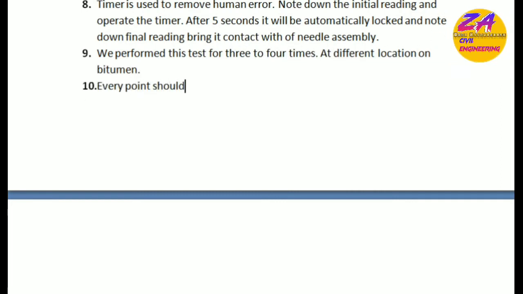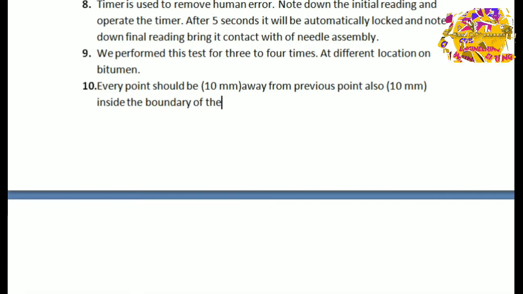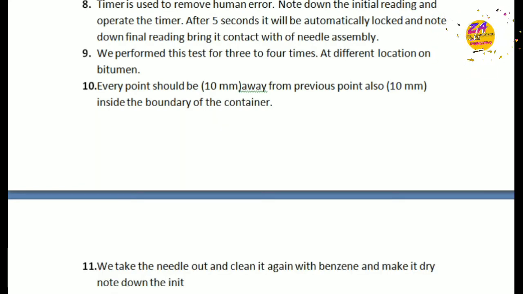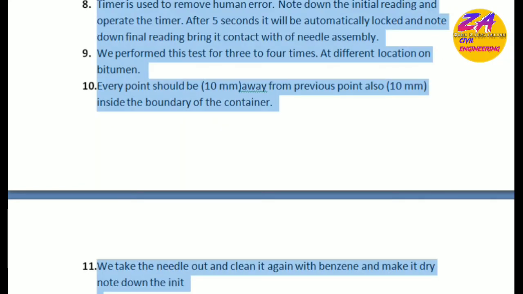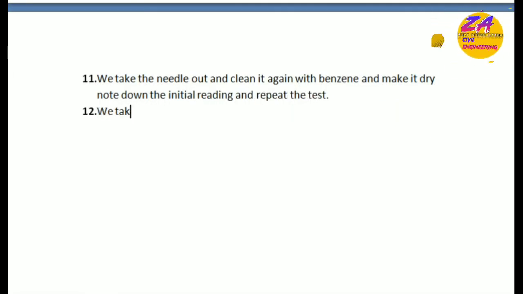Every point should be 10 mm away from the previous point and also 10 mm inside the boundary of the container. We take the needle out, clean it again with benzene and dry it again. Okay, we get 3 to 4 readings.